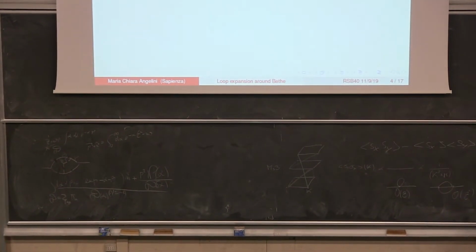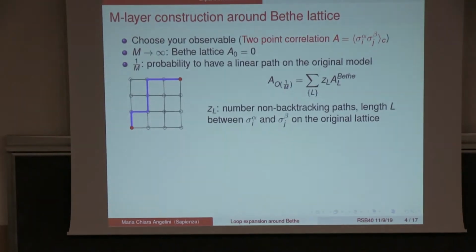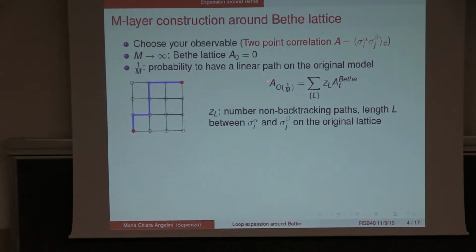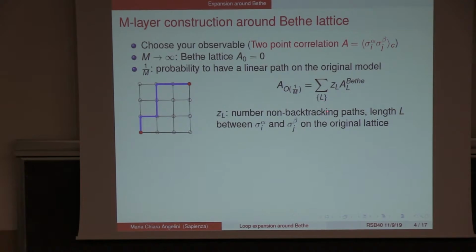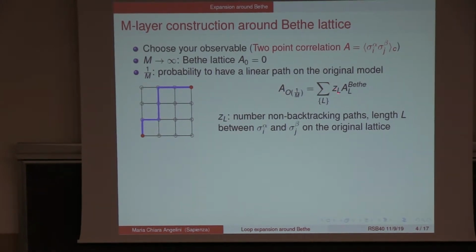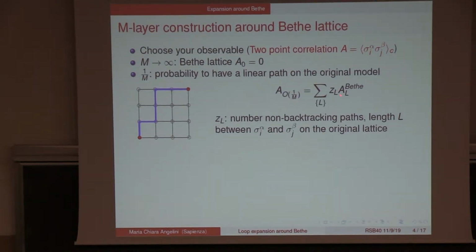So what is the 1 over m correction to my two-point correlation function? It is the sum over all the paths of length L with this factor Z_L. Z_L is the number of such non-backtracking paths, times the observable computed as if I am on a line of length L on a Bethe lattice.